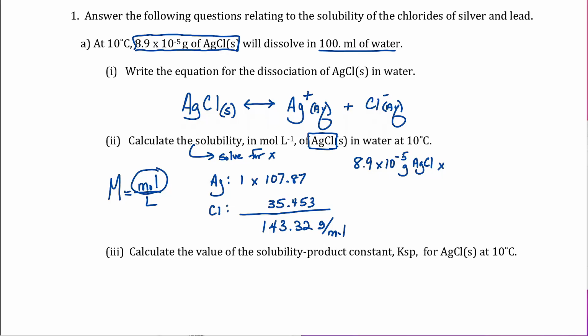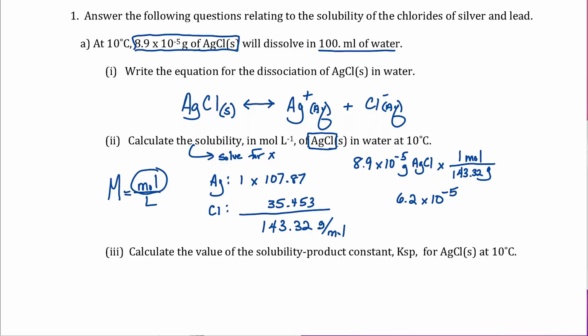And what we're going to do here, party people, is get rid of the grams, and we want a mole, so mole goes on the top, and we write our 143.32, and that's going to give us some moles here, and that's going to give us 6.2 times 10 to the negative 5 moles. And that's our top value.